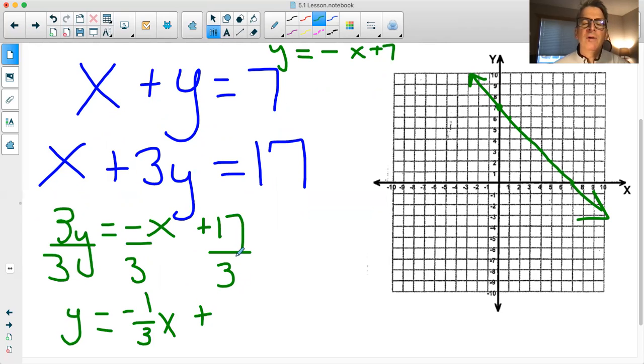Okay, that's an odd number. So it's like 5 and 2/3. Okay, so it's not the greatest situation there, but let's get pretty close. So 5 and 2/3 is right up here. And we're going to go down 1 over 3. So down 1 over 3 puts you here. 1, 2, 3. It's over here.